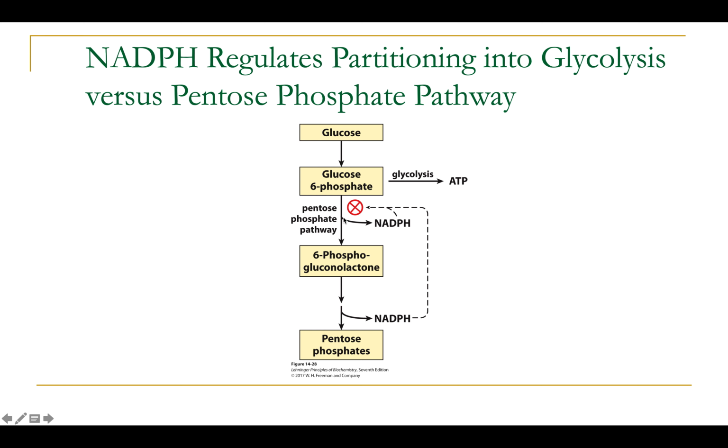This way, if the cell is in need of the pentose phosphate pathway, this enzyme is activated, and then the flux of glucose 6-phosphate is diverted to the pentose phosphate pathway. However, if NADPH is in excess, it signals that this pathway is saturated, this enzyme becomes inactive, and then the main flux is diverted to glycolysis and ATP production.